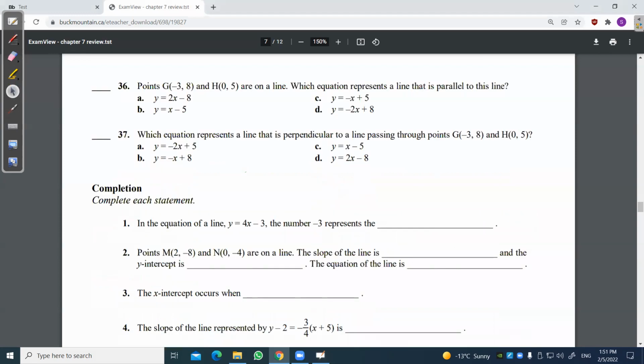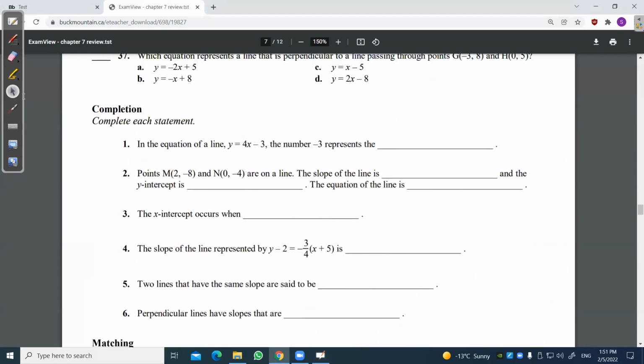Here we have fill in the blanks. In the equation of a line, y equals 4x minus 3, what does the number -3 represent? The y-intercept. Right, the y-intercept. Points this and this are on a line. The slope of the line is. How do you find the slope of the line given 2 points? -4 minus -8, and then 0 minus 2.